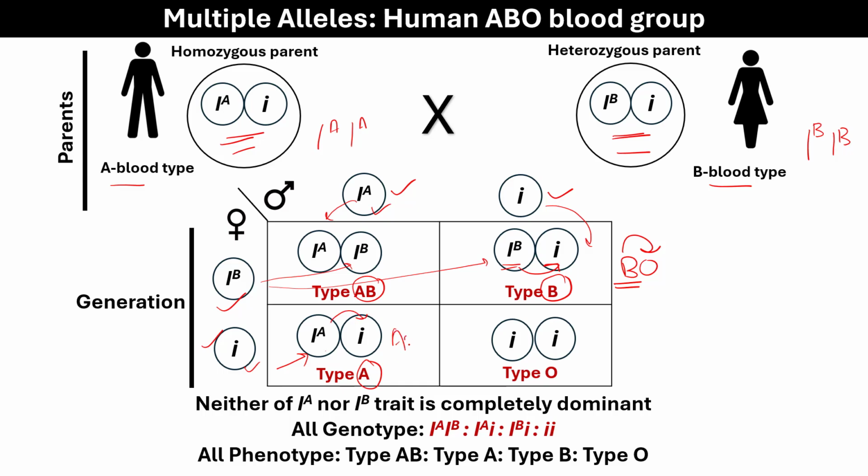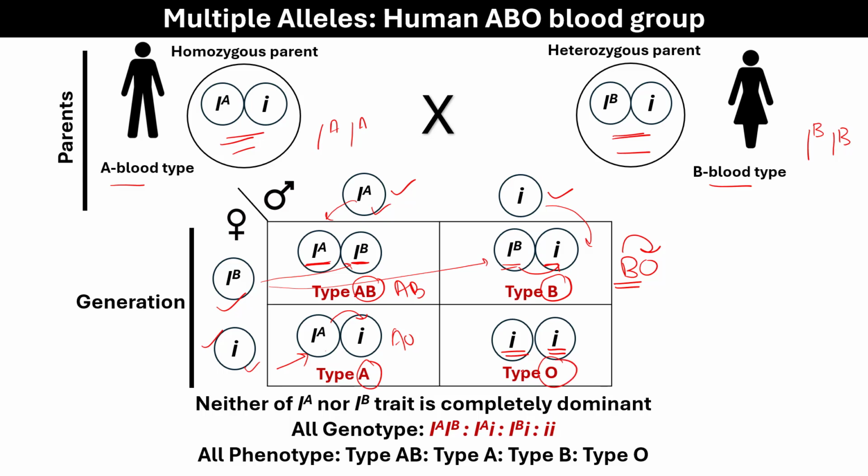It's not AO. Only these two are codominant and you end up getting AB type. Only when you have homozygous recessive alleles coming together, you will get type O blood.